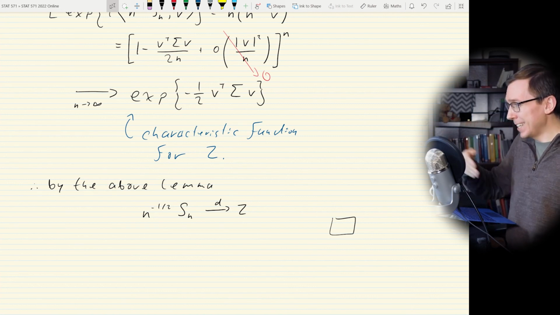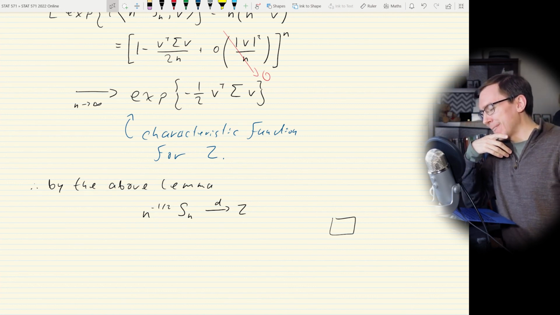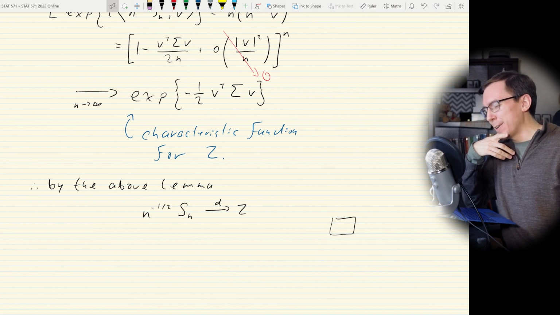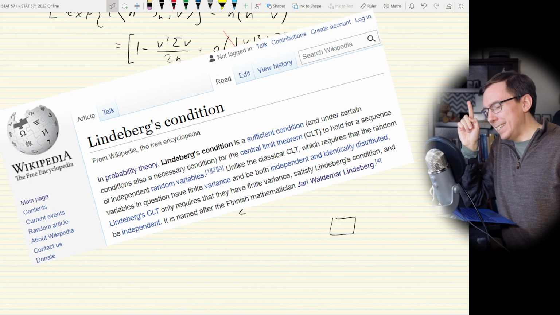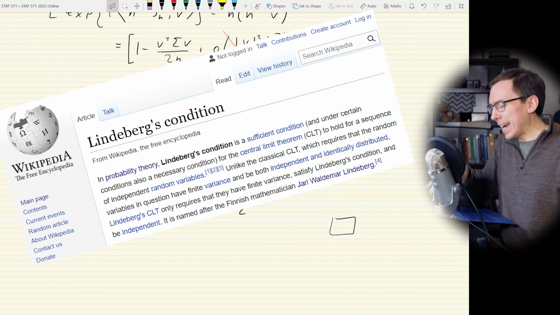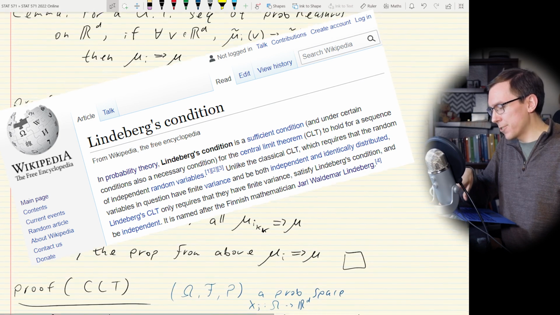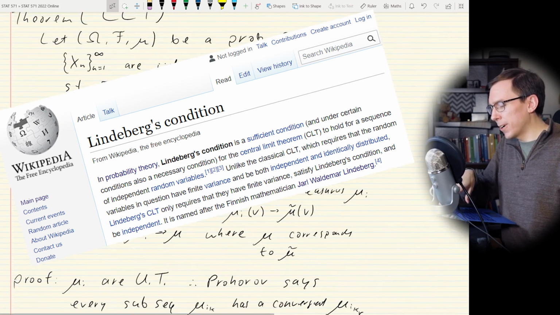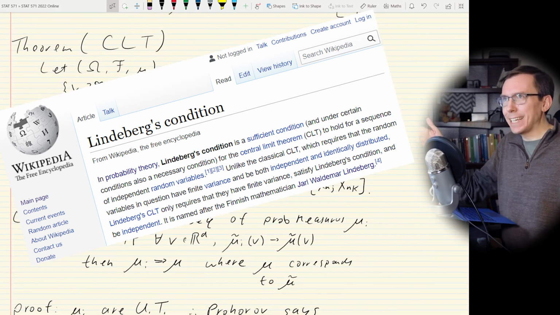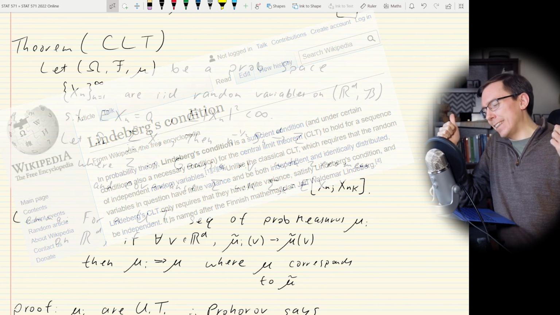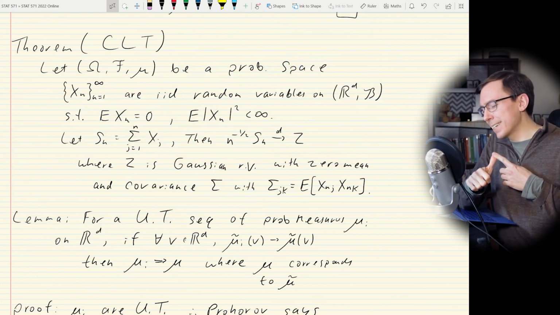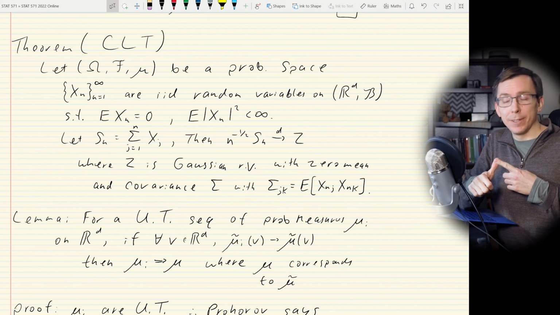The person has a central limit theorem where the x's do not necessarily have to be identically distributed. So there are ways to relax the central limit theorem.